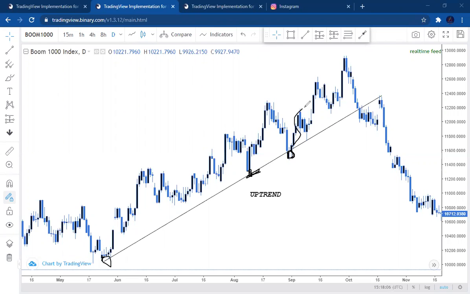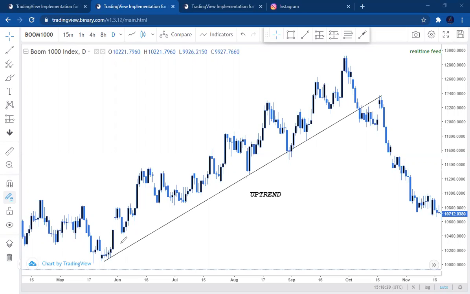You see, you get the whole of this as your profit. You get it. Trend identification is very, very simple, and it's very, very important to identify your trend in whatsoever you are trading, be it currency pairs, boom and crash, or anything. Just identify the trend of the market.